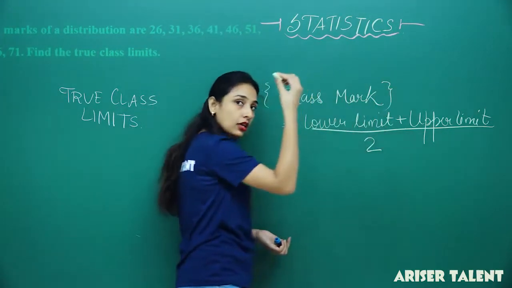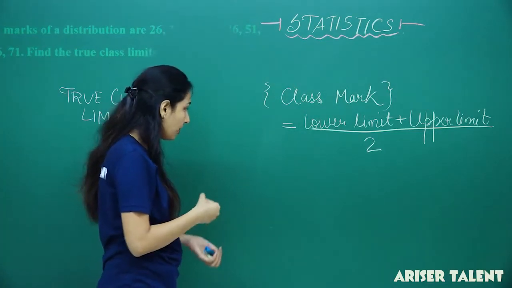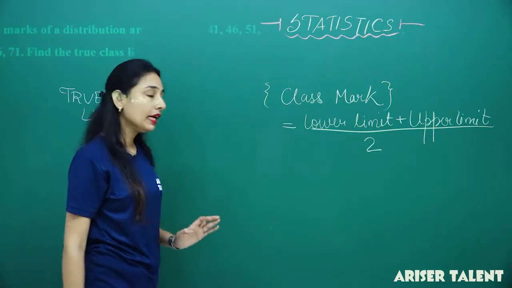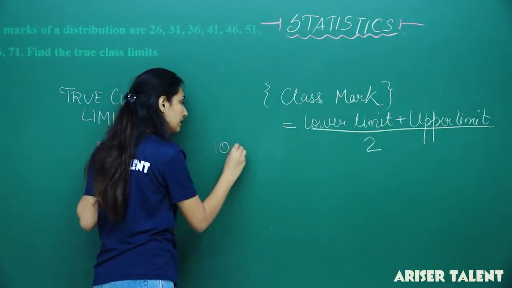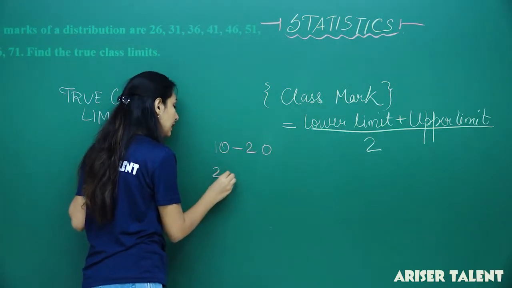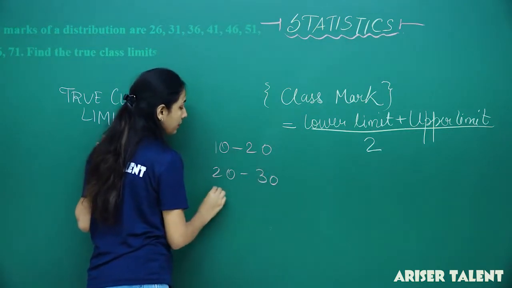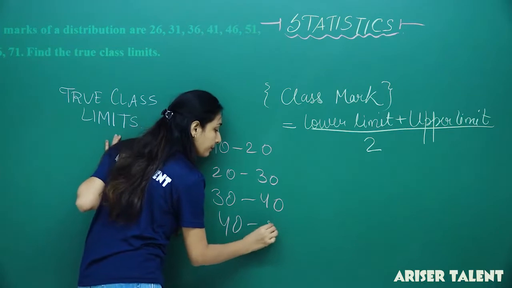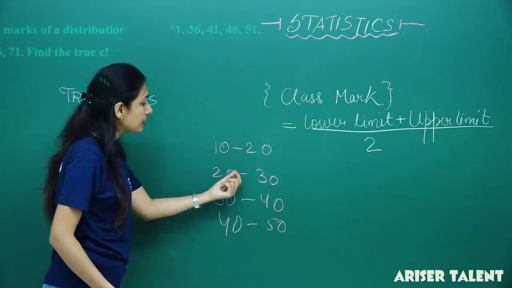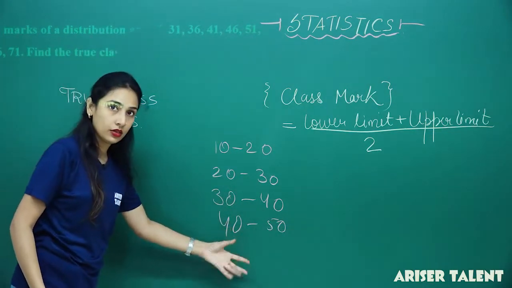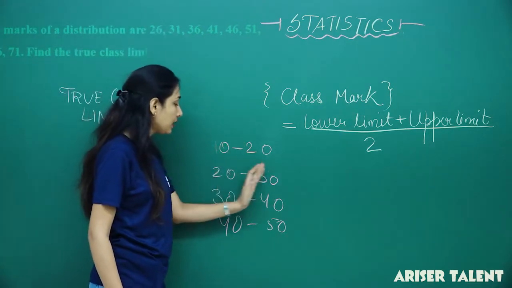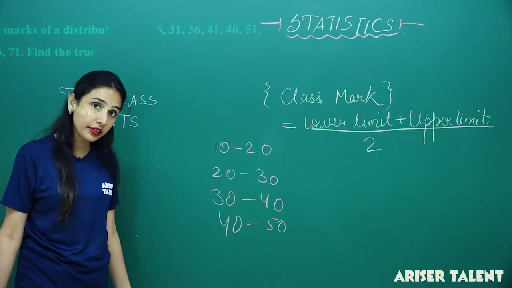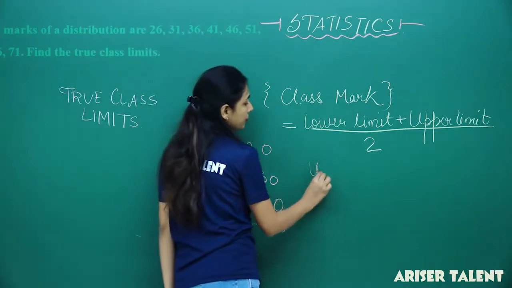So in that particular formula, we took an example. We were having class intervals of 10 to 20, then 20 to 30, then 30 to 40, and 40 to 50. The differences are 10, 10, 10. So the difference is the same, that means it is uniformly distributed, right?